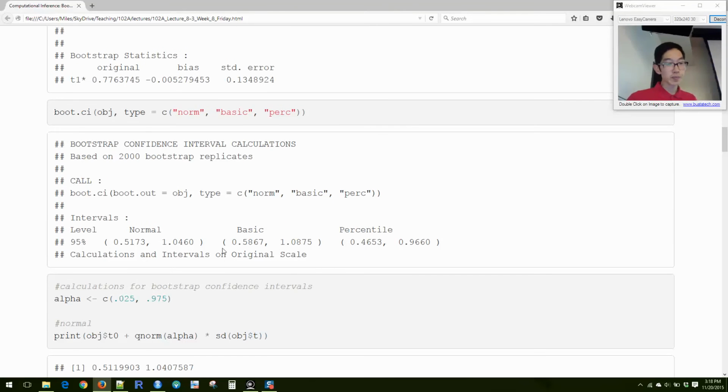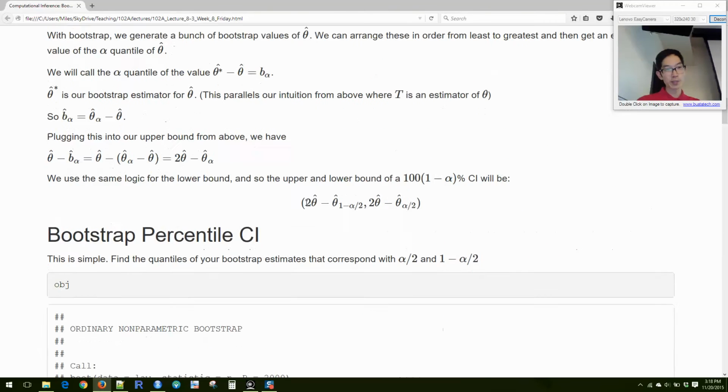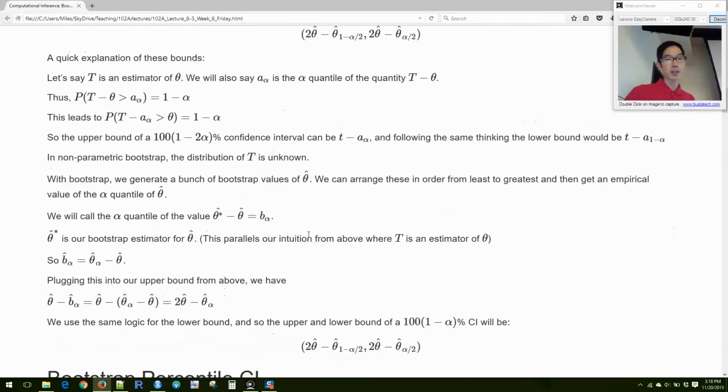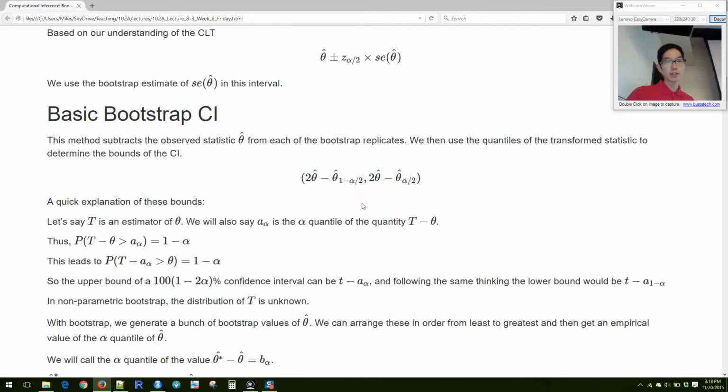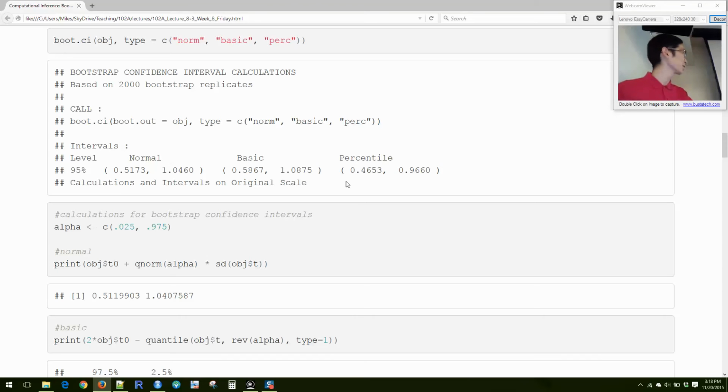We can verify that the answers R gives us match the formulas that we have for each of these. And then we can compare how these confidence intervals go.